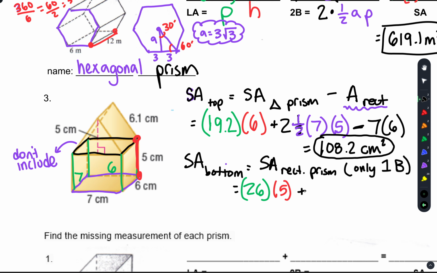Plus, now instead of 2 times b, I only want one of those b's. The area of just one base is 7 times 6. There we go. Again, I'm going to throw that into my calculator. I'm going to get, I believe, 172.